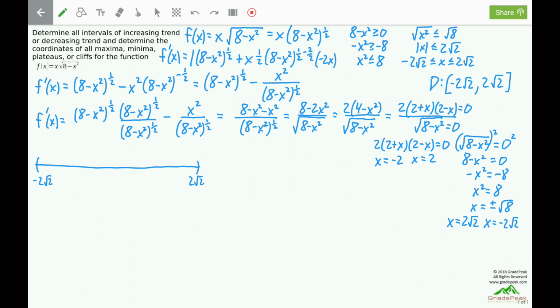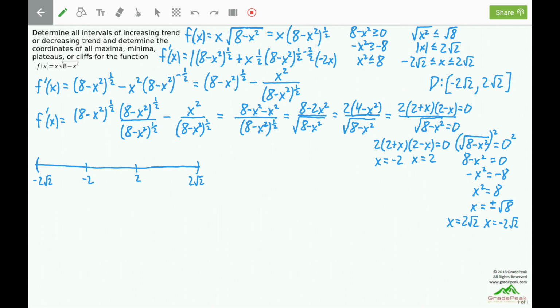And we can put the other critical numbers on here in order. There's a negative 2, and there is a positive 2. This breaks the domain interval up into 3 separate intervals. We can pick a test value in each of these intervals. The square root of 2 is about 1.4. 2 times 1.4 is 2.8.